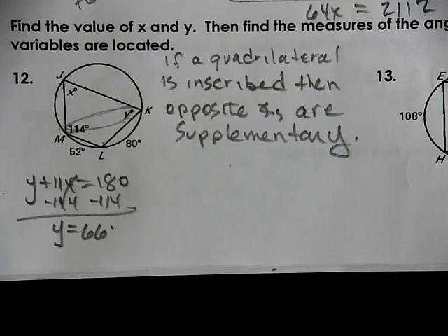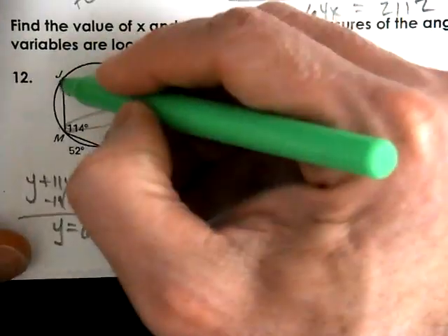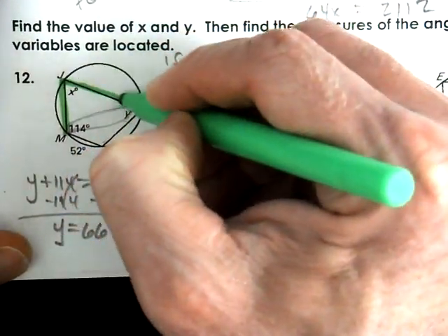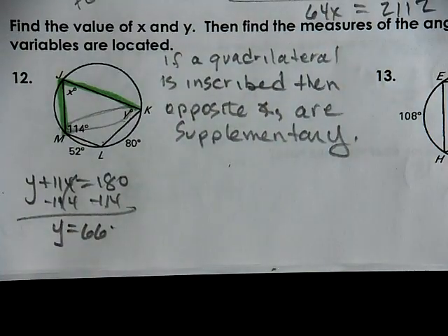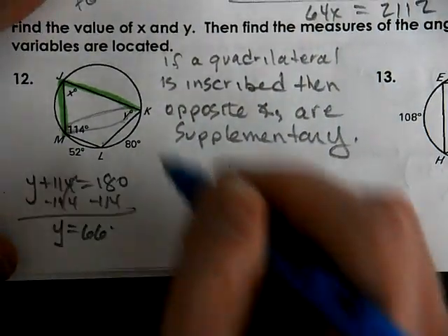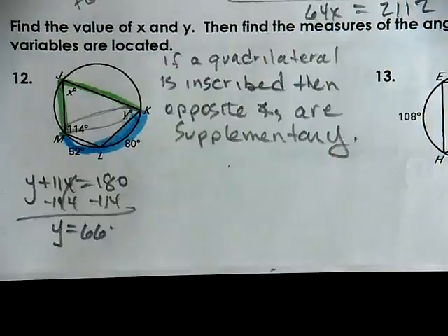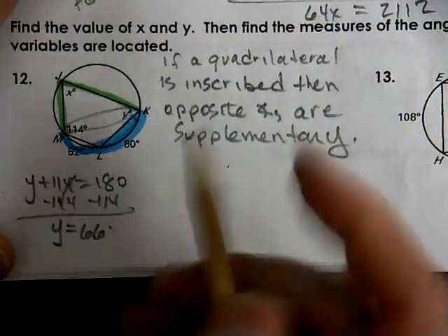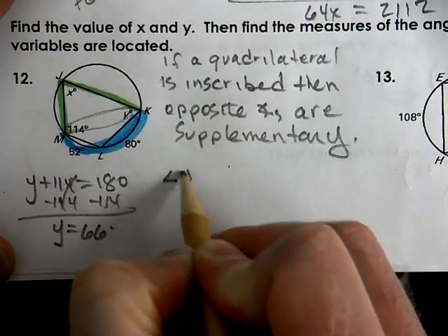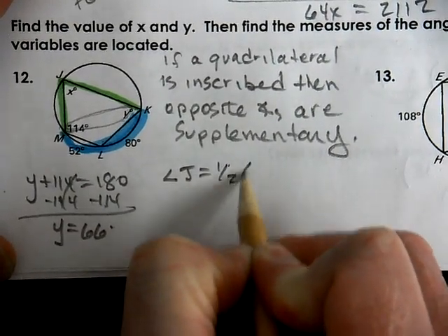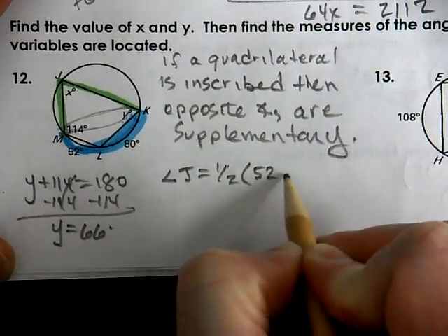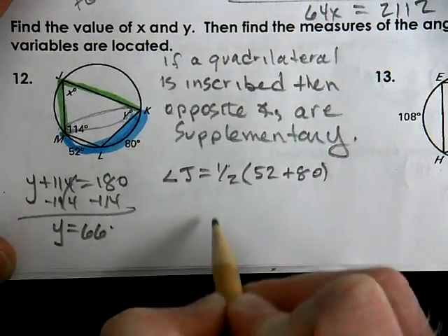But I do notice that this angle is opening up and it's touching the edge of this arc. So I know that angle J is going to be half of 52 plus 80.